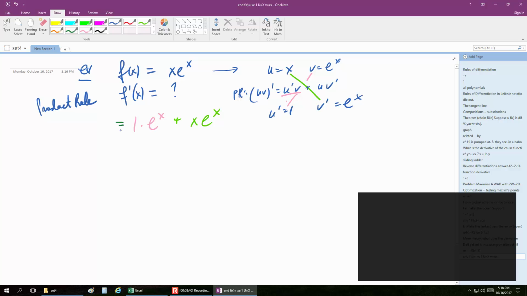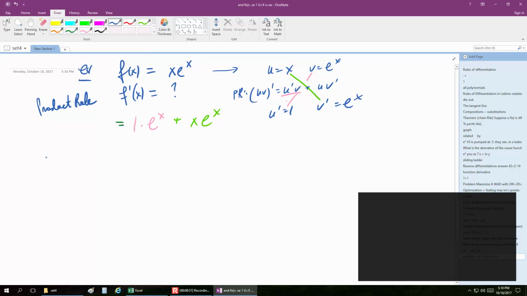Differentiation is done, and I could leave it as this, or what do I do with it? Differentiation is the first stage, but why?